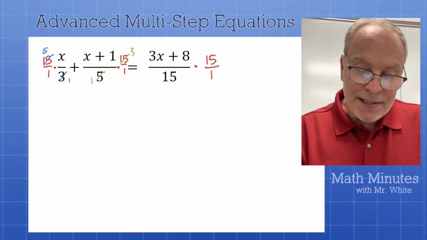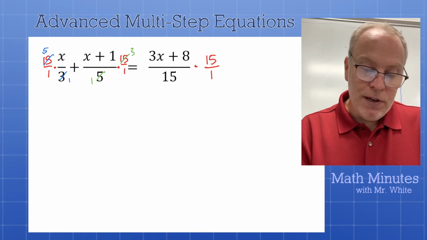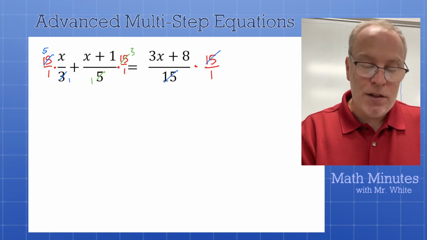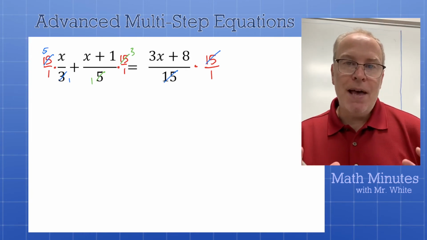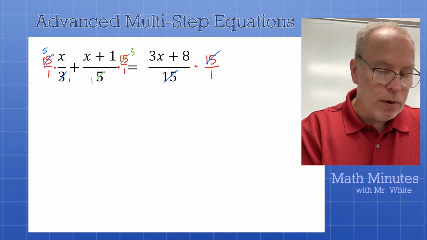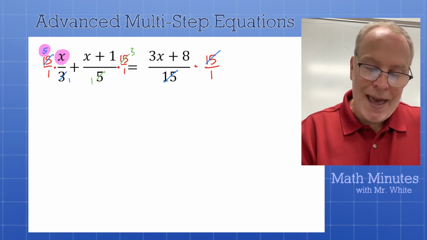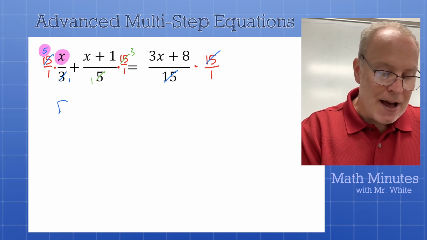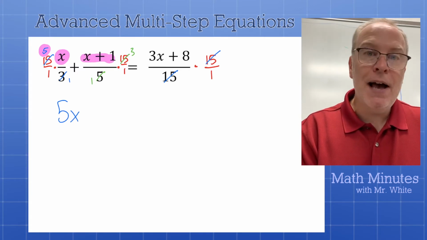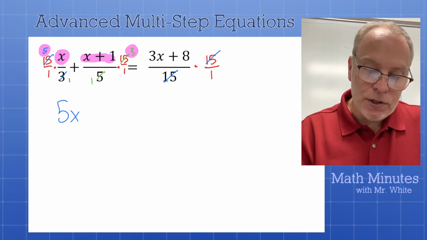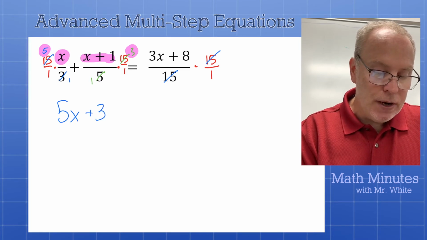And then on the right side, good stuff, really good stuff happens. This 15 cancels that 15 completely. Now, I know this looks like a mess, so let's see what we're left with. We're left with a 5, we're left with an x. I'm going to write 5x. The next part, we're left with x plus 1 times 3. So let me write that like this, 3 times x plus 1.